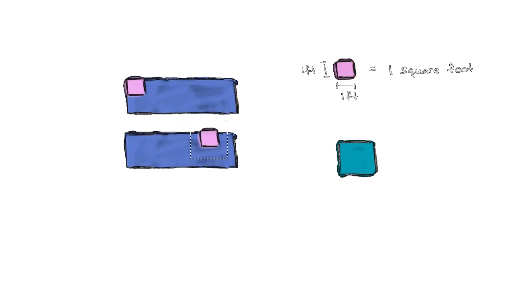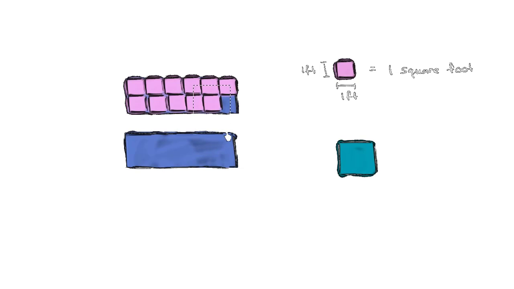So that's 1, 2, 3, 4, 5, and 6. 6 in that first row, and then I have 7, 8, 9, 10, 11, and 12.